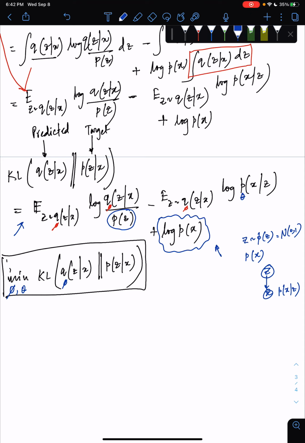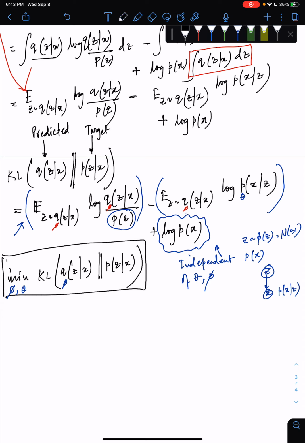Now this quantity, this expectation, depends on phi. This quantity depends on both phi and theta, but this quantity is independent of theta and phi.